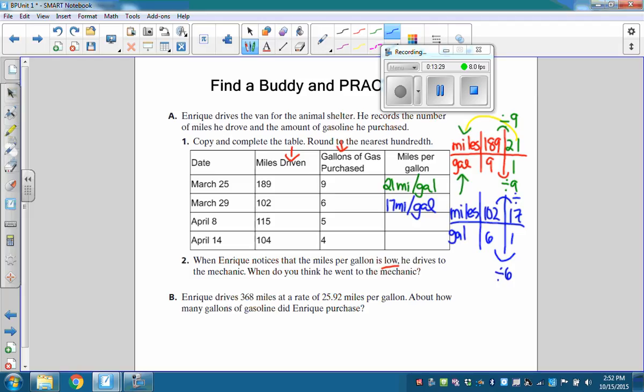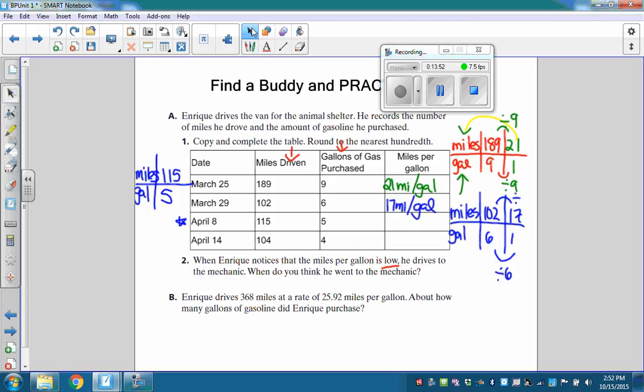Okay, Anderson, do the next one for me. April 8th. 115 on the dot. And 5 on the bottom. Right.